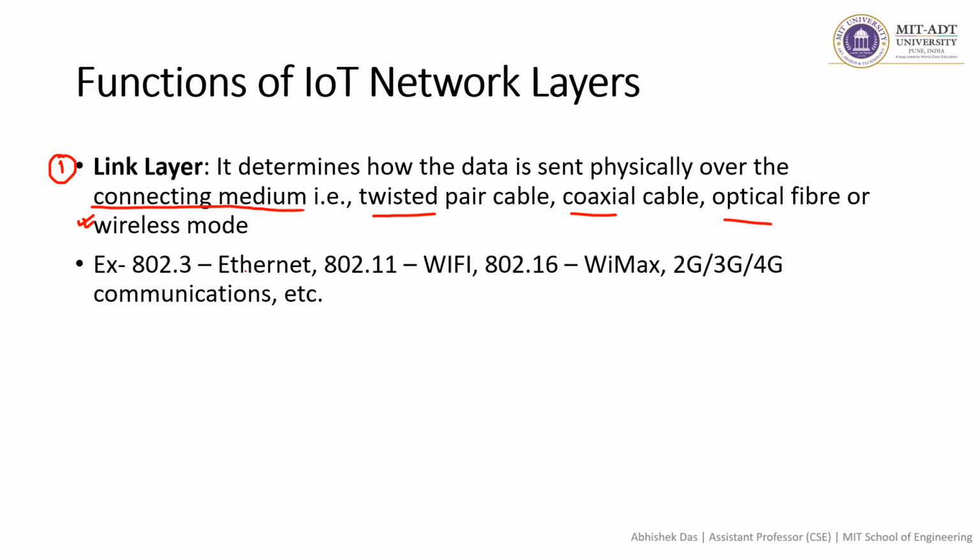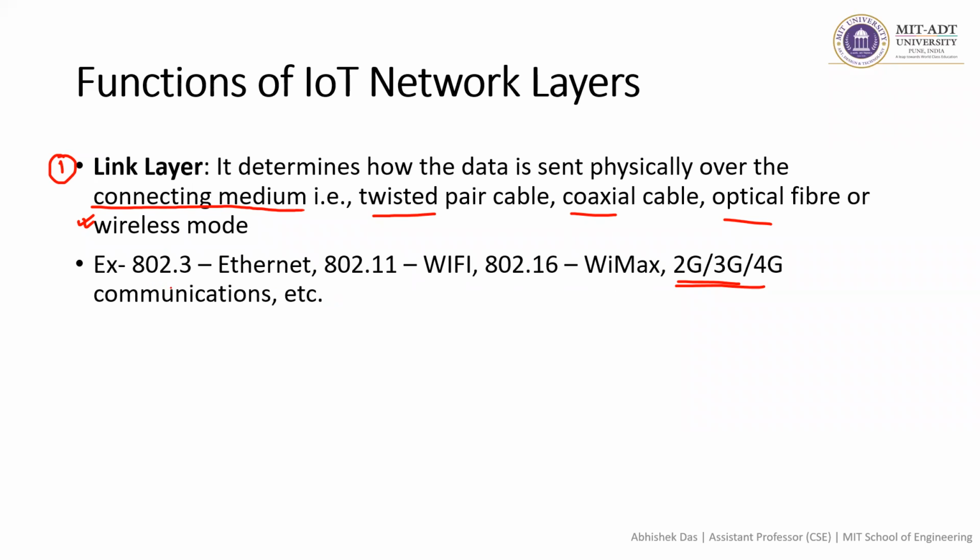Some examples of protocols present in the link layer are Ethernet, that is 802.3, and then 802.11 Wi-Fi, then 802.16 WiMAX, then 2G, 3G, 4G connections. These are all mobile cellular connections, and other protocols are also present in the link layer. I will come to each of these protocols in detail later on.